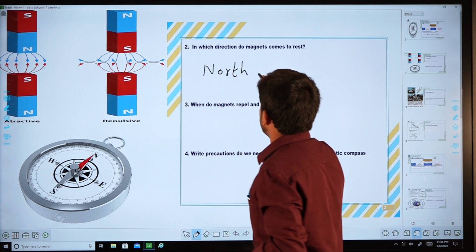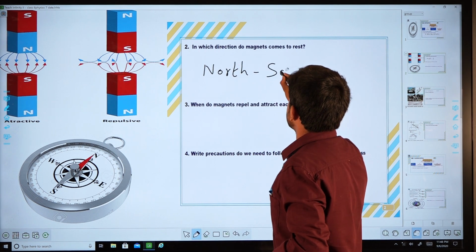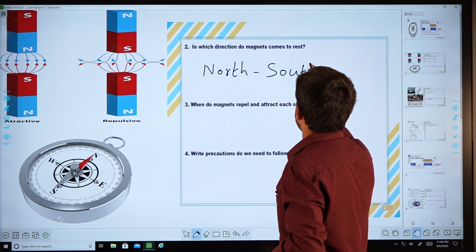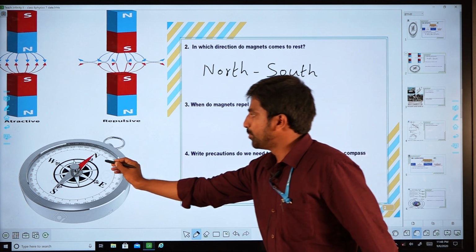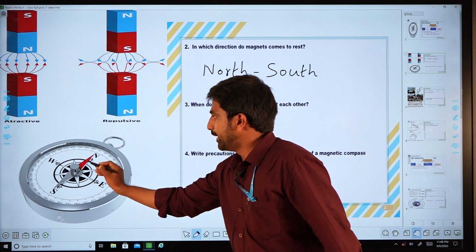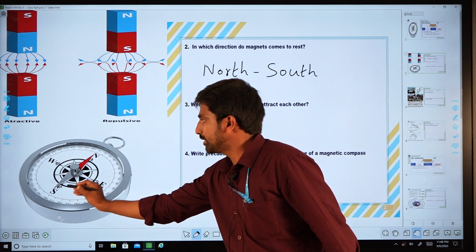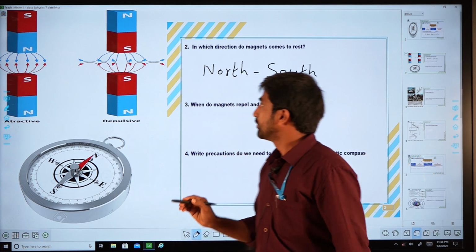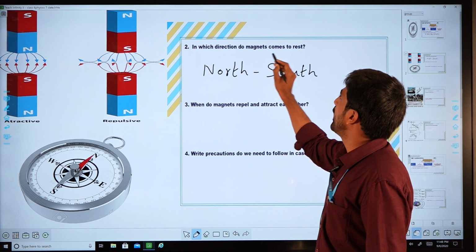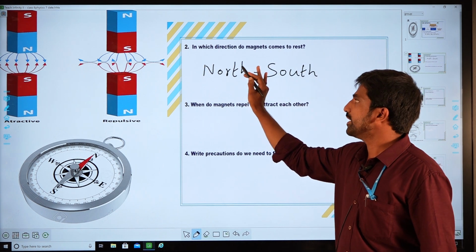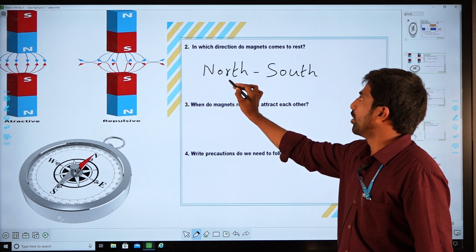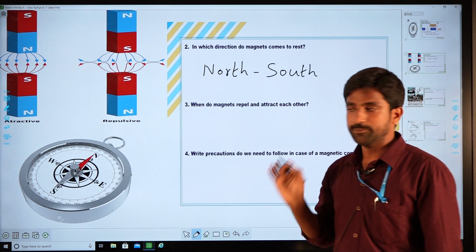Here the indicator indicates the north and south direction only. So in which direction do magnets come to rest? It always shows the north and south direction only.